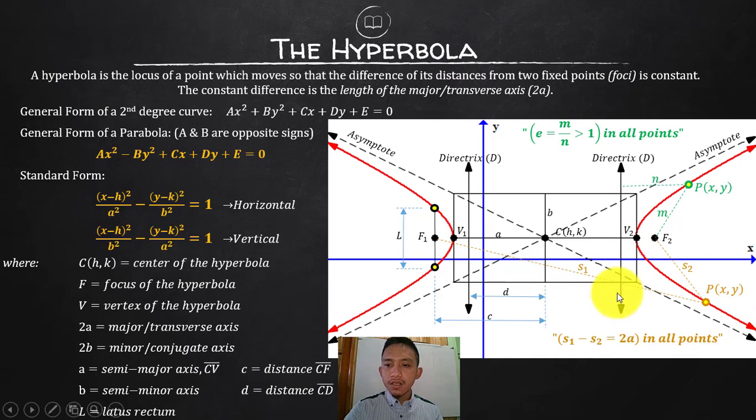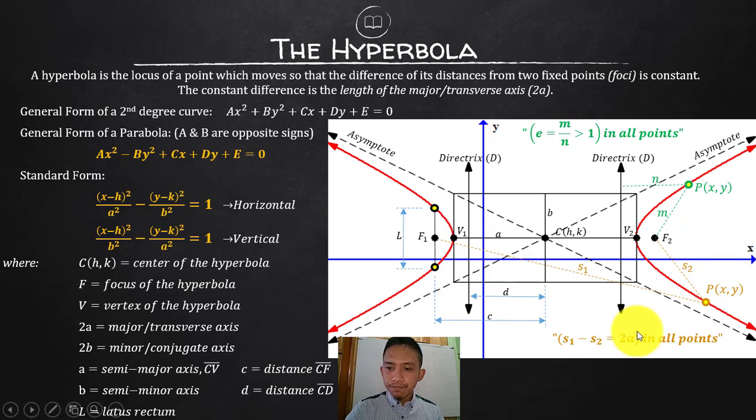The difference of S1 and S2 should always be equal to 2a, which is your major axis, or in the hyperbola, we also call it the transverse axis. 2a. That is true for all the points.